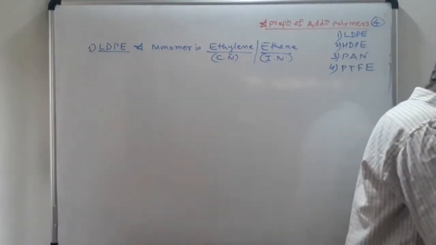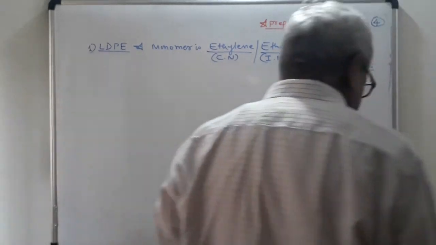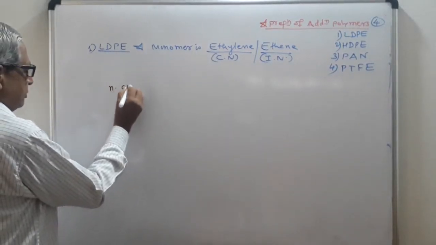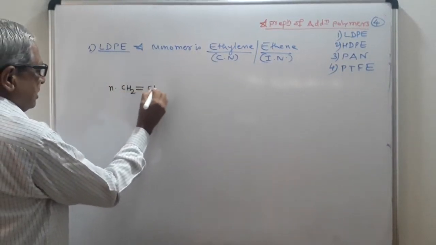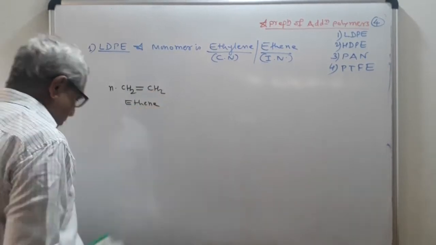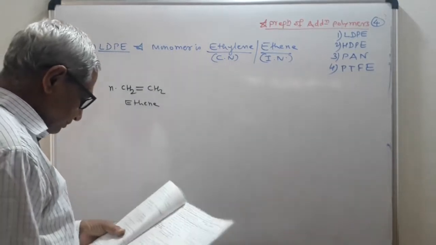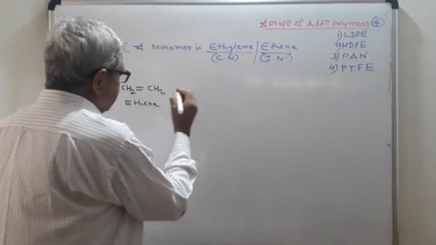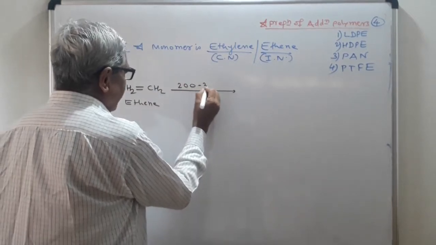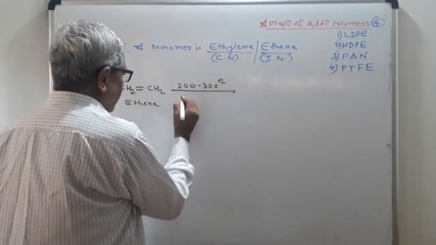Now write down the preparation here. You will take N molecules of ethene, CH2=CH2. It will undergo polymerization at a temperature of 200 to 300 degrees centigrade.